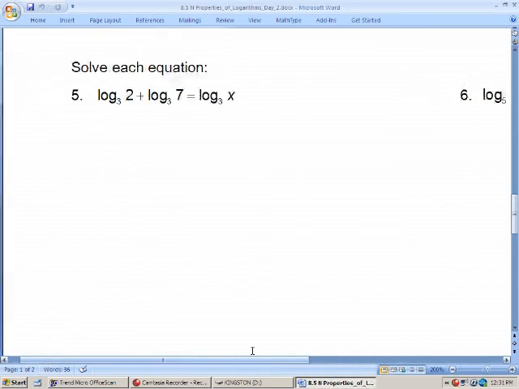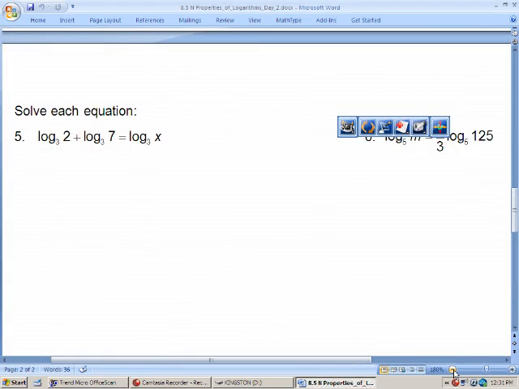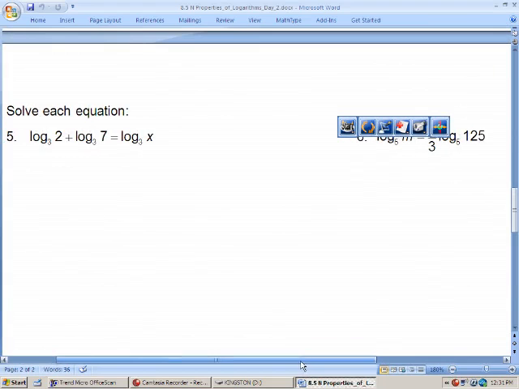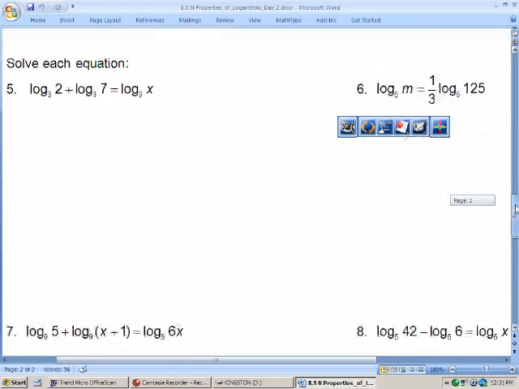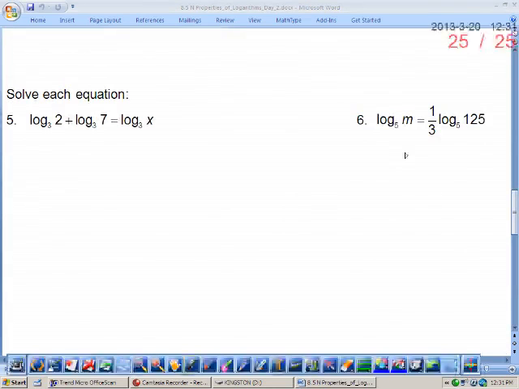Okay, let's talk about using these properties for some equations. So we've got log base 3 of 2 plus log base 3 of 7 equals log base 3 of x.